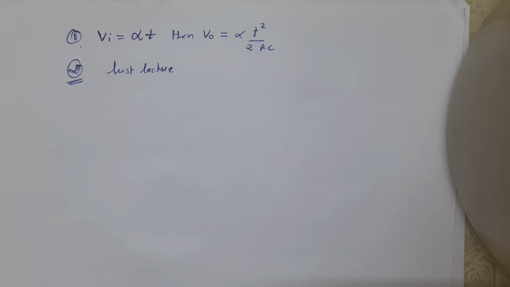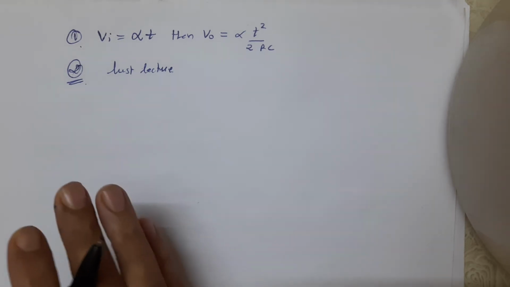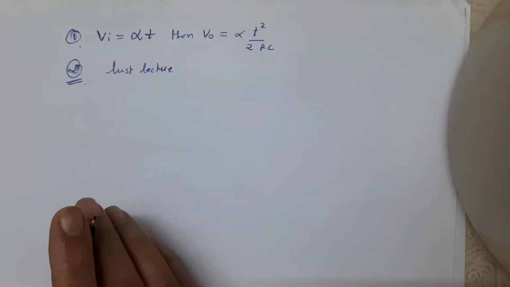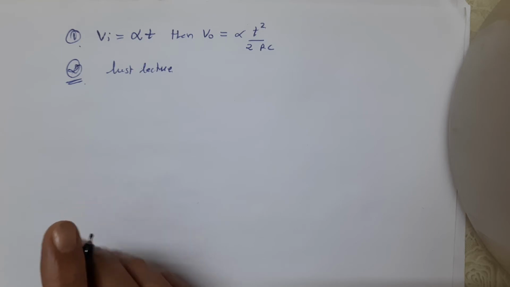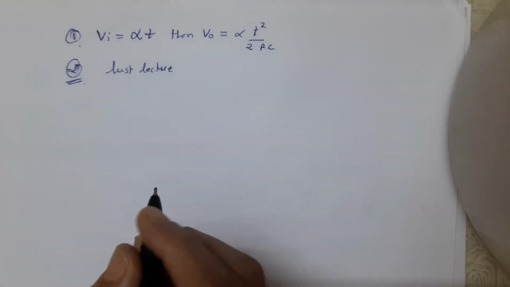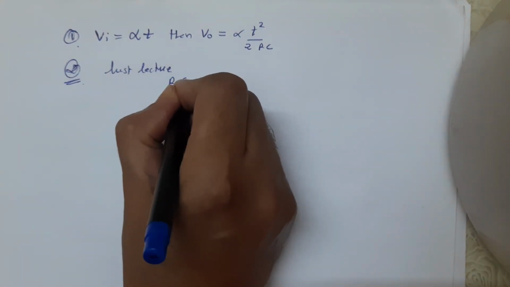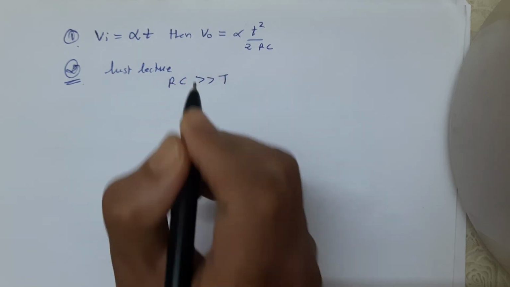We drew four figures, A, B, C, D, in the last lecture, which correspond to RC very much greater than the periodic time T.